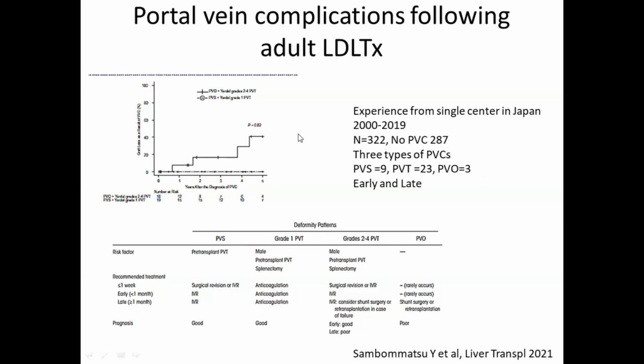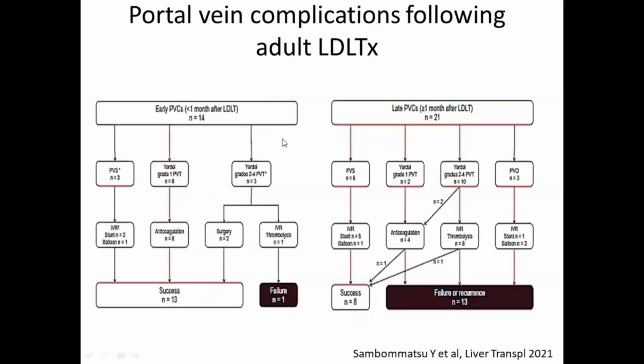And they have shown how the surgeons and the radiologists describe the portal vein thrombosis by the Yerdel classification. If you have someone who has just a portal vein stenosis or a Yerdel grade 1 PVT, they do very well. However, if you have someone who has a portal vein occlusion or a Yerdel 2 to 4 PVT, these patients have an inferior survival for the graft as well as the patient.